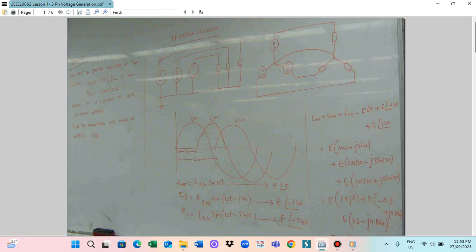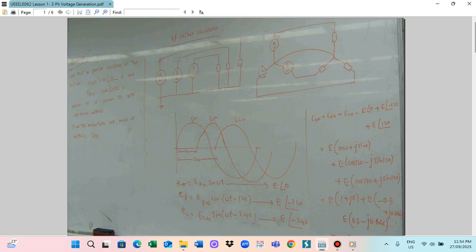So E angle 0 plus E angle minus 120 plus E angle plus 120 becomes E cos 0 plus j sin 0, plus E cos 120 minus j sin 120, plus E cos 120 plus j sin 120.